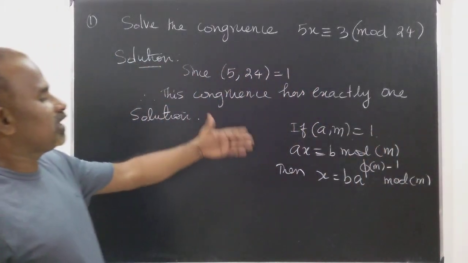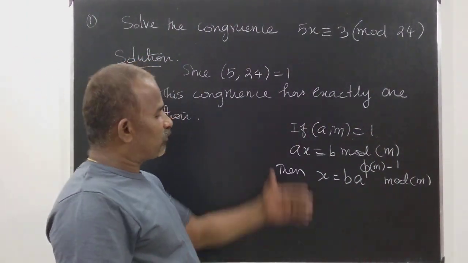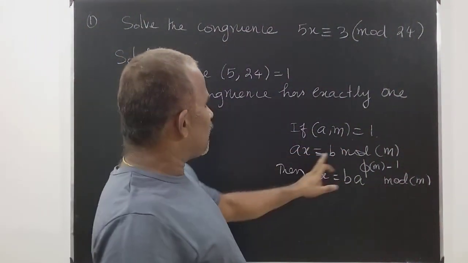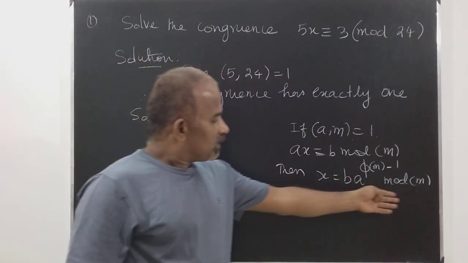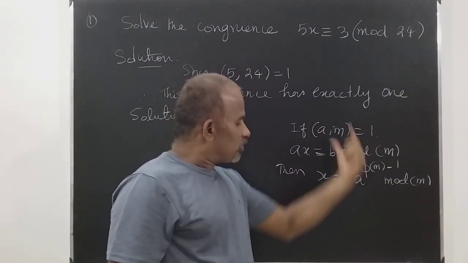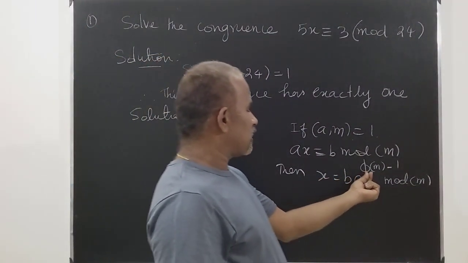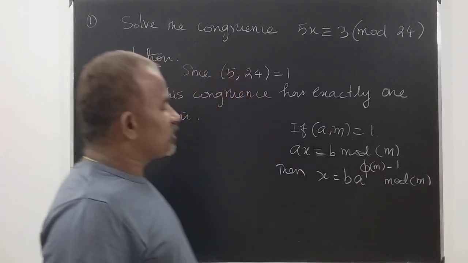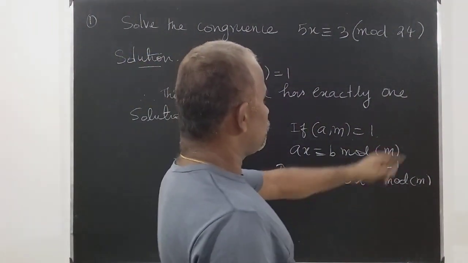This is Fermat's theorem, the Euler-Fermat theorem. Phi(m) is nothing but the number of positive integers not exceeding m which are relatively prime to m.